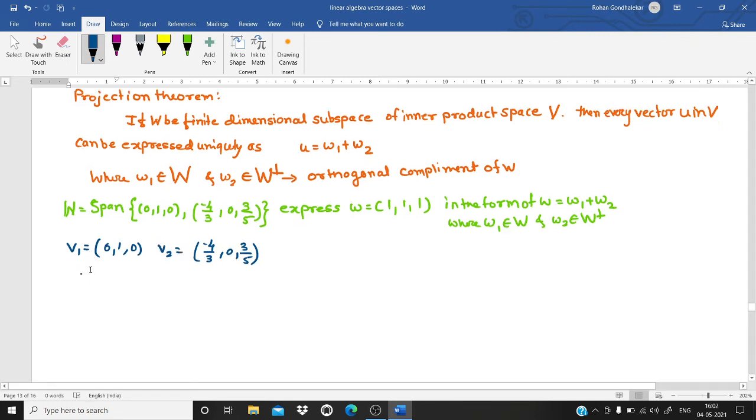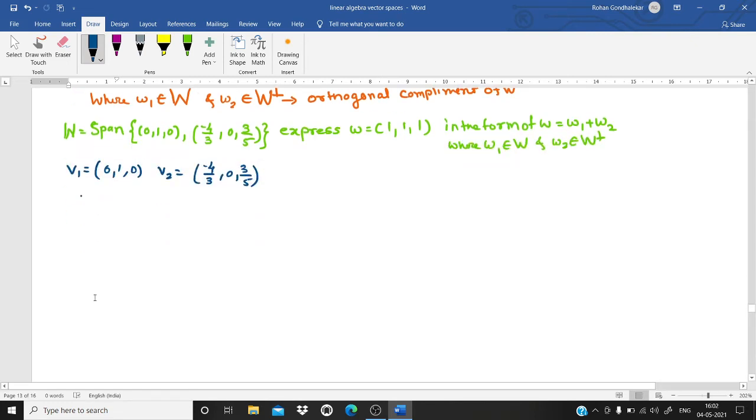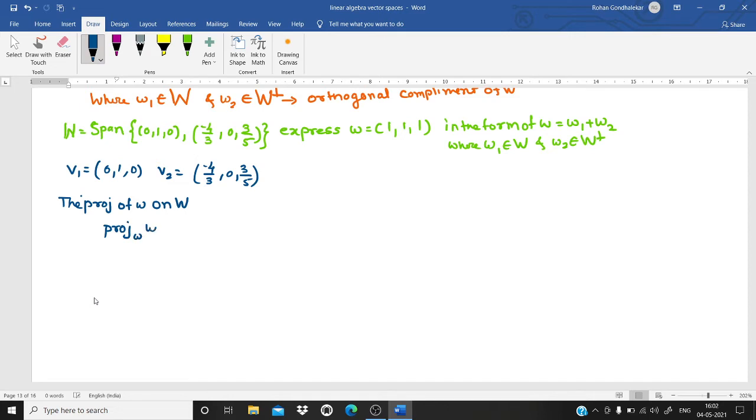Now from the orthogonal projection formula that we already discussed, the projection of w on the set W by the projection theorem will be given as the inner product of w with V1 into V1 plus the inner product of w with V2 into V2. As they are not specifying the inner product, by default we take the Euclidean inner product.